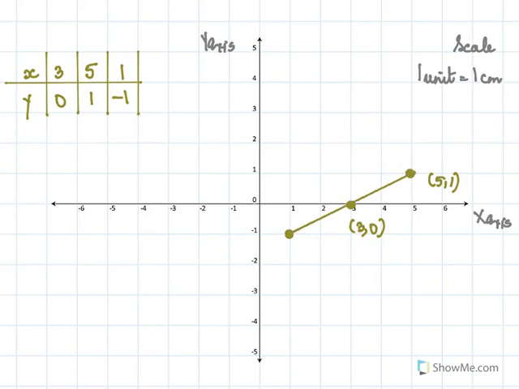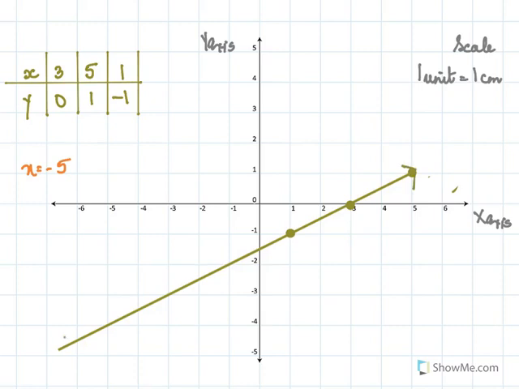I'll just draw it again. So here are the points, we just extend them on either side. And we now have to find out for x equal to minus 5, what will be the y value. So x is minus 5 here, so we have to go right down and see where it cuts the line.